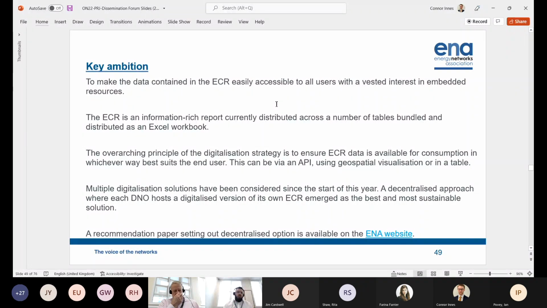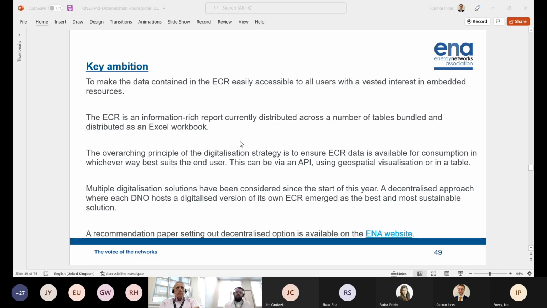It's just making sure anyone can access it. So the ECR, again, as Steve mentioned, is a very information-rich report that is currently spread across a number of tables and bundled into a single Excel workbook.